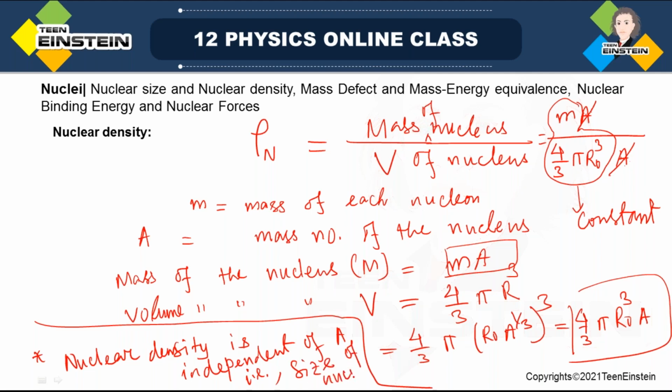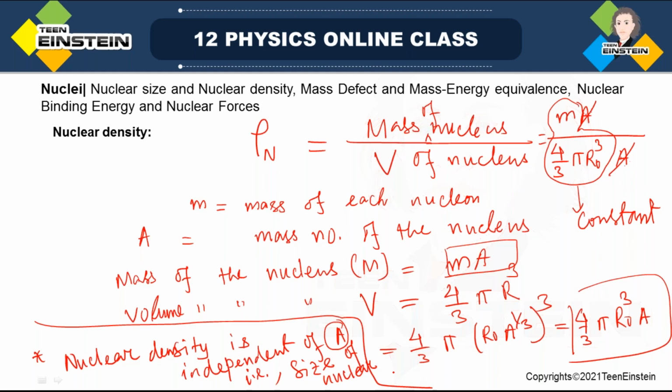That means nuclear density is the same for all the elements. It does not depend on the mass number, neither does it depend on the size or the radius. Since it is independent of A, it does not depend on mass number, or in other words, it does not depend on the size. So nuclear density is more or less the same for all the elements.